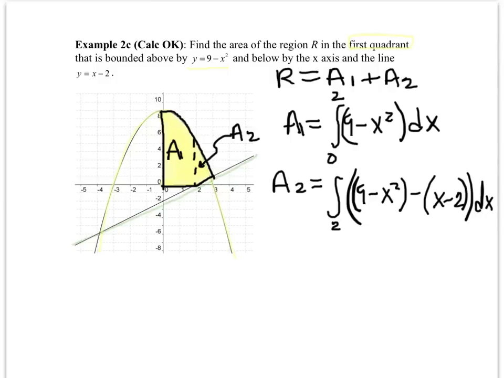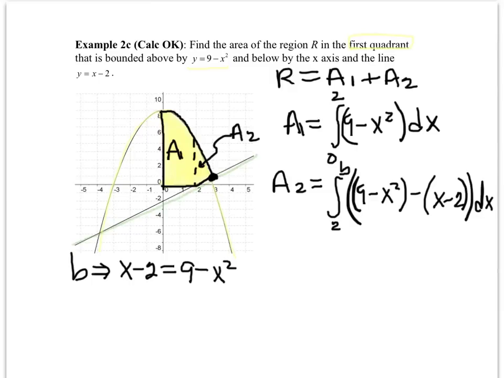But I've got a little problem here. I don't know this location. Okay, it's where the two lines intersect. So let's call that B, and let's find what B is. Okay, B is going to be the intersection between x minus 2 and 9 minus x squared.